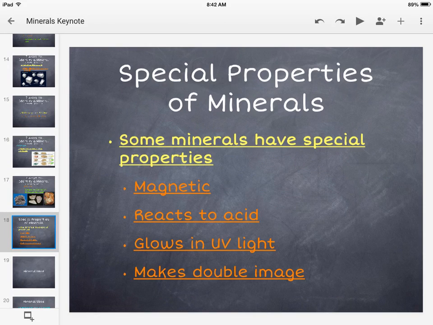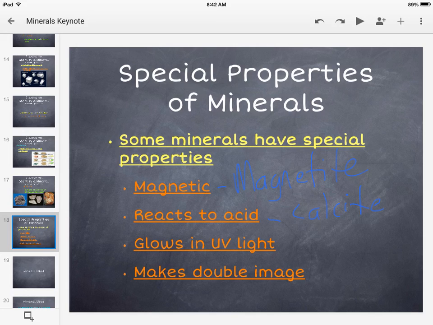And then the last part to identifying minerals is sometimes you can do special tests, like putting a magnet up or putting iron filings up to your mineral. There is a mineral called magnetite that actually is magnetic. There are some, like calcite, that react strongly with acid if you put acid on there.